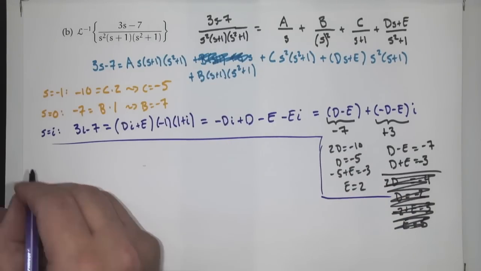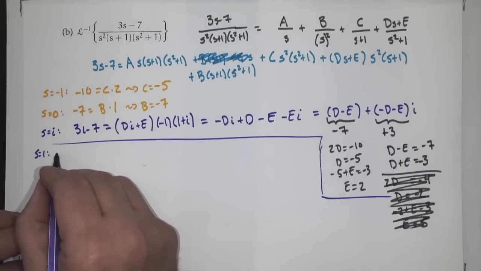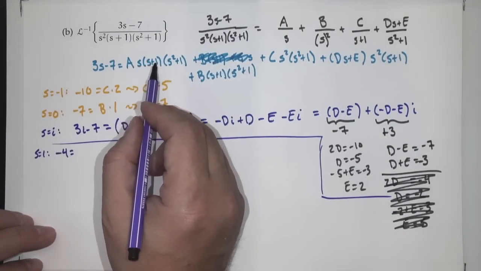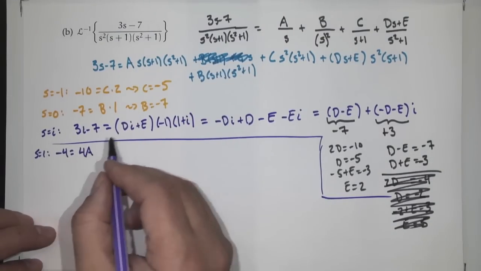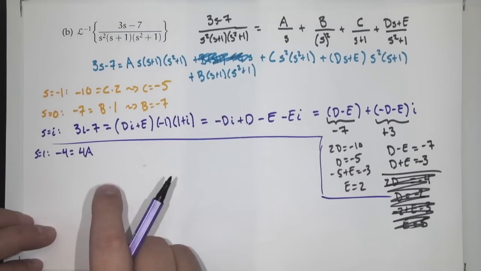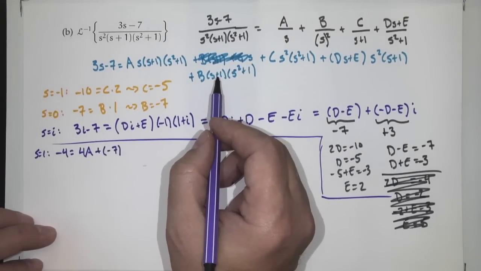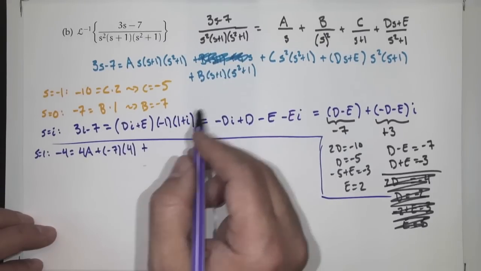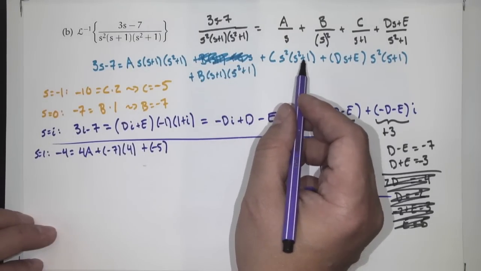Okay, so plug in 1. 3 minus 7, negative 4, is equal to a times 1 times 2 times 2. That's 4a, which we don't know, plus b. But wait, we know b is negative 7. So negative 7 times 2 times 2, negative 7 times 4, plus c, which is negative 5, times 1 times 2.